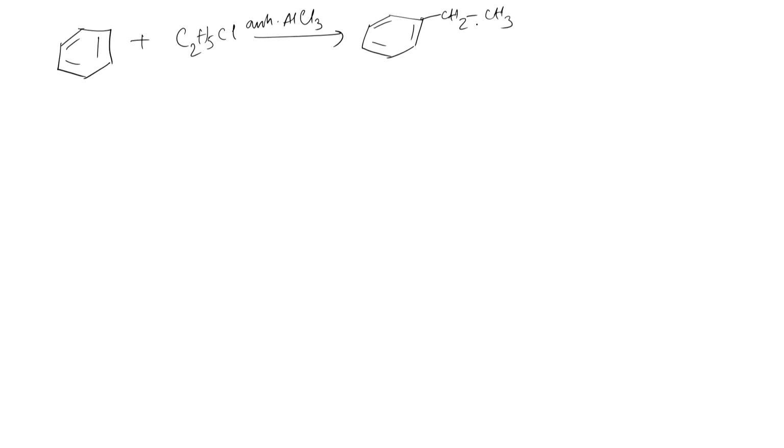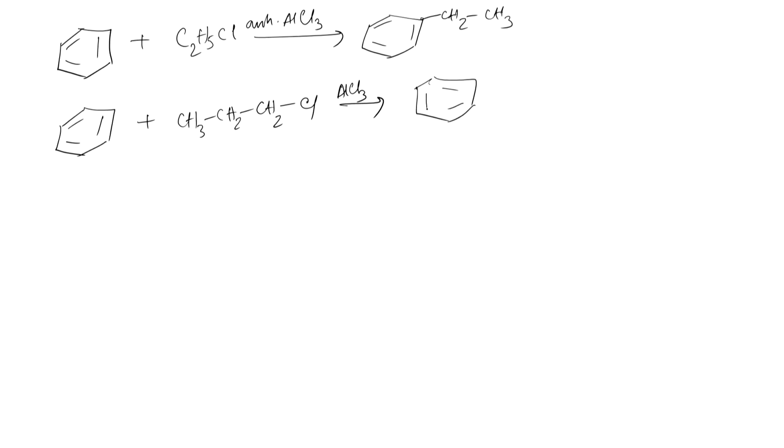But there is one exception. If we add propyl chloride to benzene, then by this logic we should get propyl benzene like this, right? But this does not happen.